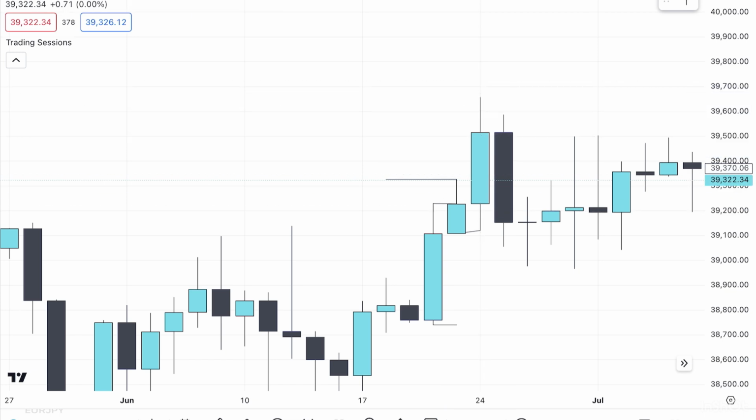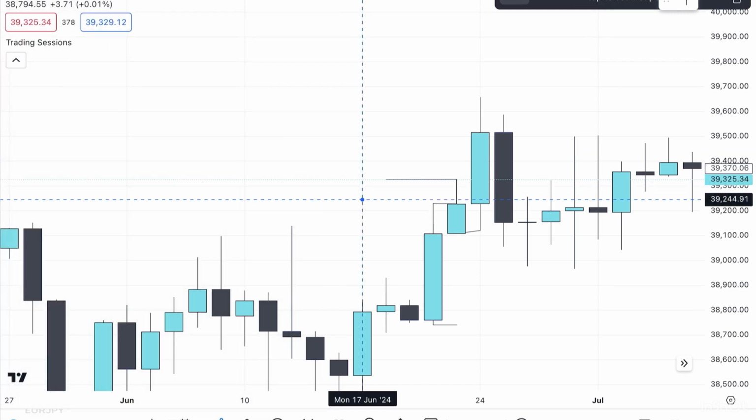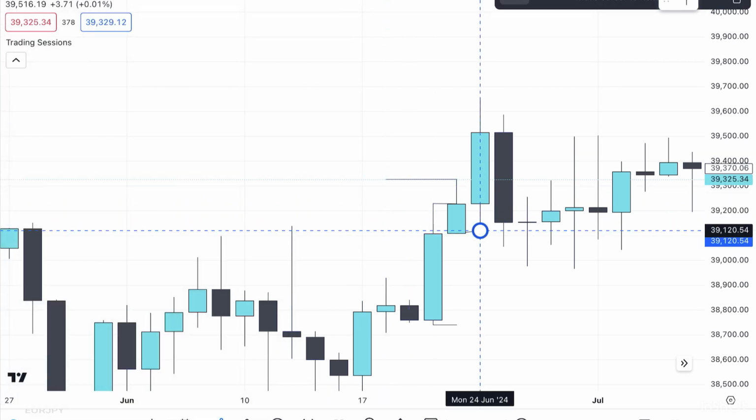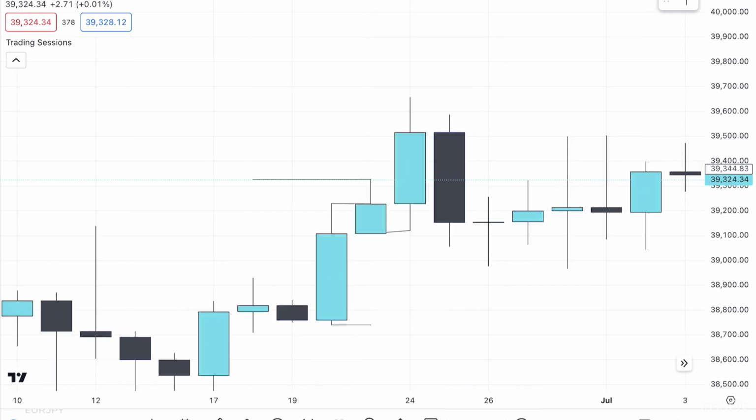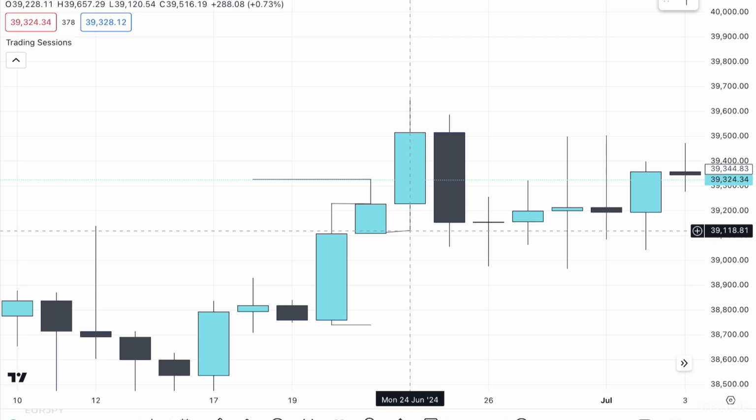Again, the following day, we also have to mark this candle again, the high and the low of that particular day. So we have our low at this level here.